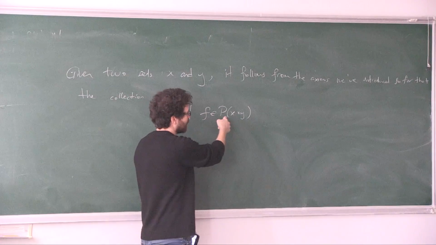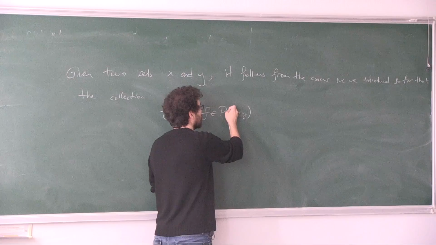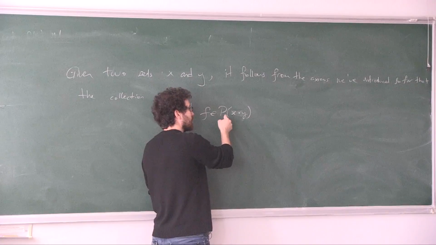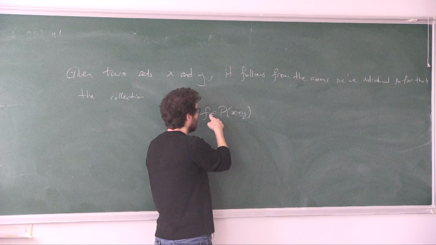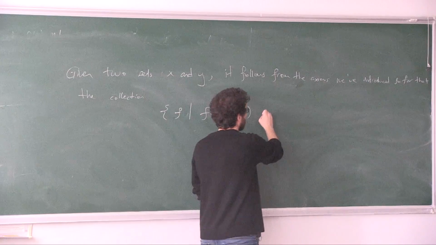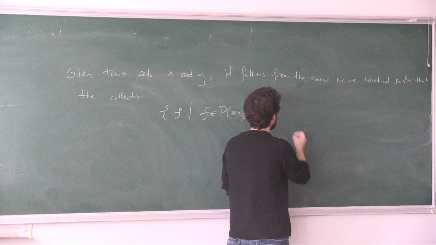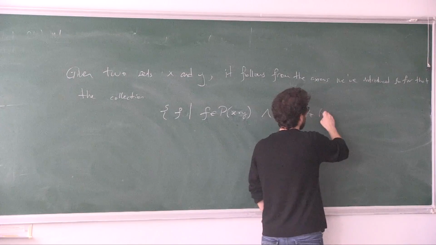First of all, this set should be a member of X Cartesian Y, meaning that F is a relation from X to Y. F is a subset of X cross Y, so it's a relation. I want F to be well defined.